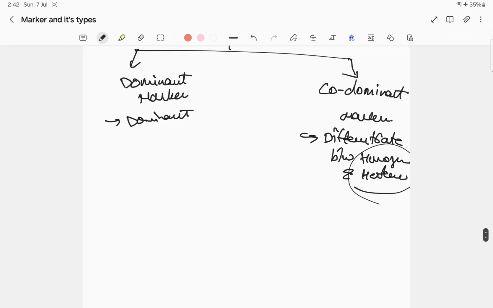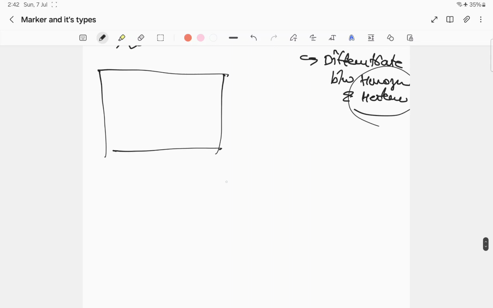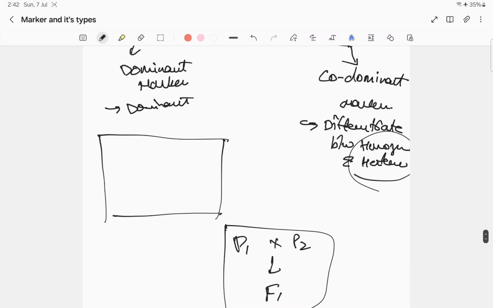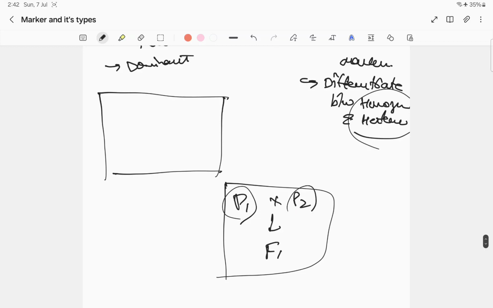What actually is a dominant marker, how will it be, right? I think all of you know parent 1 and parent 2. If we cross, we will get this F1 plant, right? If we extract the DNA from parent 1, parent 2 and F1 progeny, parent 1, parent 2 and F1, here parent 1 is observable, parent 2 is here and F1 is here.